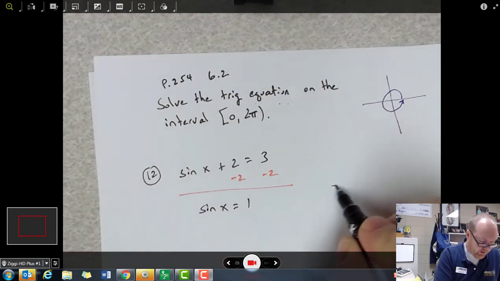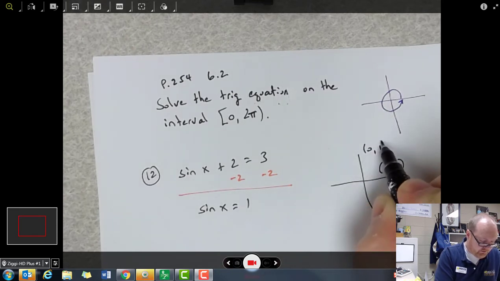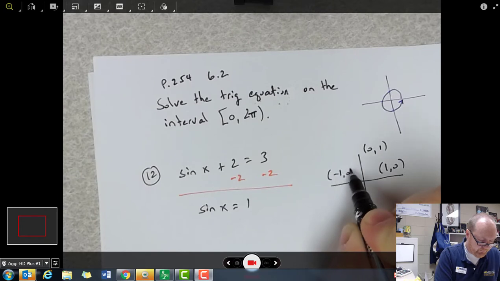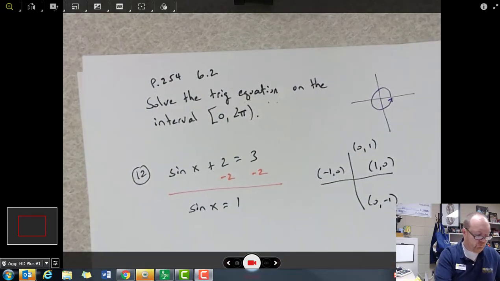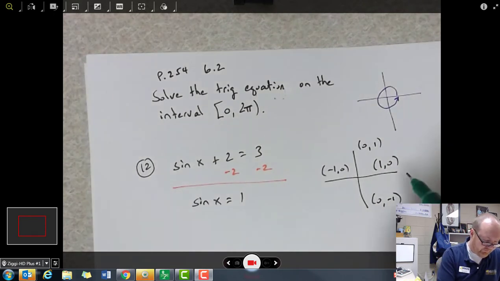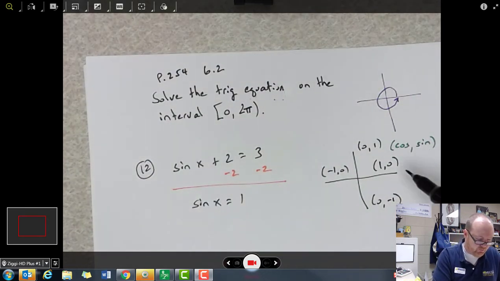Anytime we deal with ones and zeros, my mind always goes to the unit circle. We learned way back at the beginning of the semester that the first value here is the cosine value. The second value is the sine value. So I'm looking for places where the sine is 1.